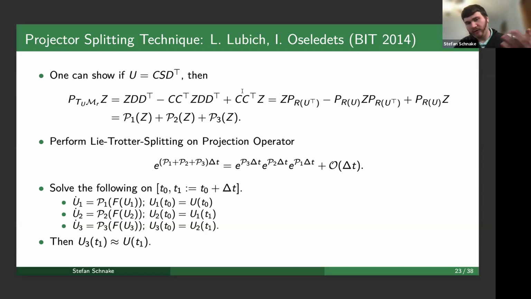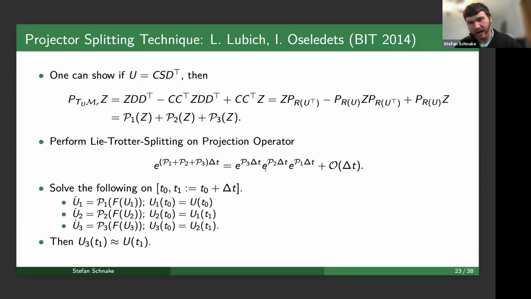And you can show that algebraically this is the tangent space approximation. And what the projector splitting technique says is, okay, I'm going to do operator splitting using this sum of three things I can easily work with. For those who don't know, operator splitting essentially says, if I want to take the exponential of a sum of operators, and they don't commute, then I can't just take each one by one.